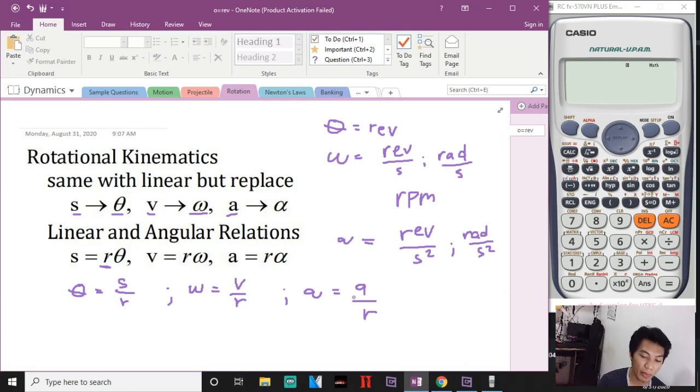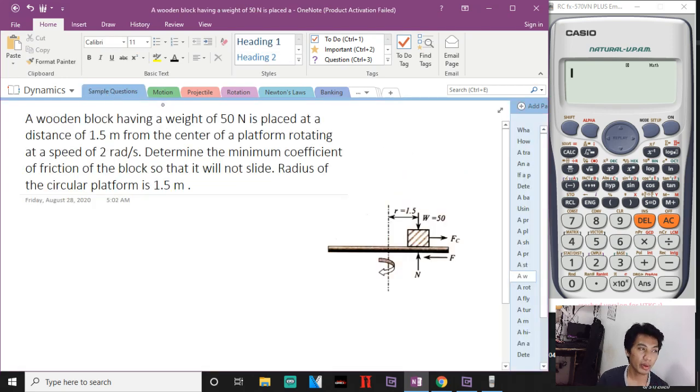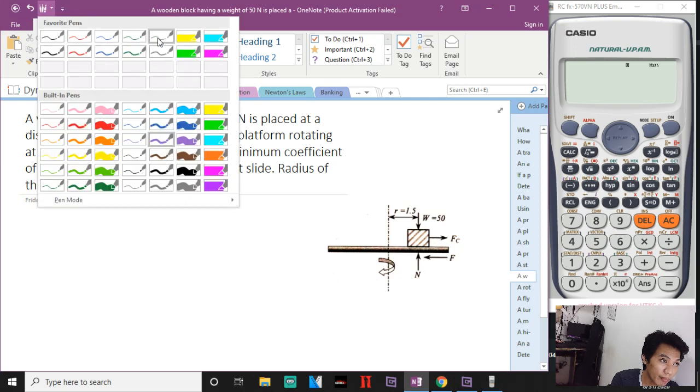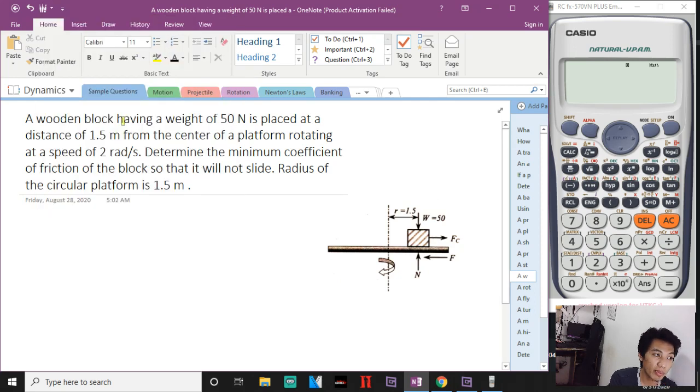Now, we'll go back with the problem. Now, i-highlight natin yung mga bagay na kailangan natin i-take note. So, meron kang wooden block dyan. Okay, meron ka the weight na 150 newtons. It is placed at a distance of 1.5 meters from the center. Ibig sabihin, that will be your radius.